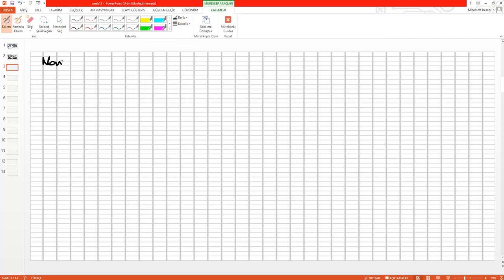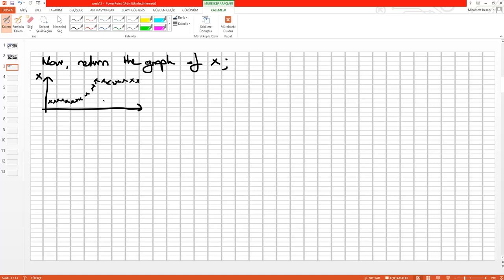Now return to the graph of X, and so we can write that this term X, and we have some data with this distribution, and then we can increase data, and we have some other data in here, but this whole data represents the X, and we have the 400 data in here like this one, and we have the 120, and we have the 8 value, and this is the 0 values.